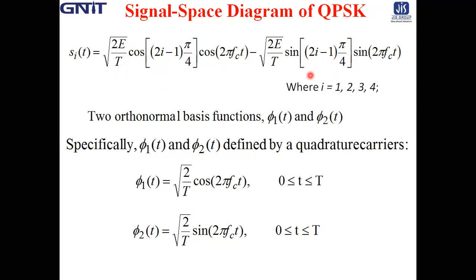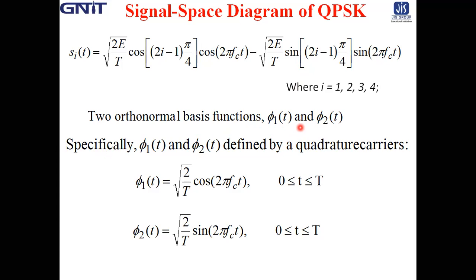Now, based on this representation, we can make the following observations. There are two orthonormal basis functions, phi 1(t) and phi 2(t), contained in the expansion of s_i(t).